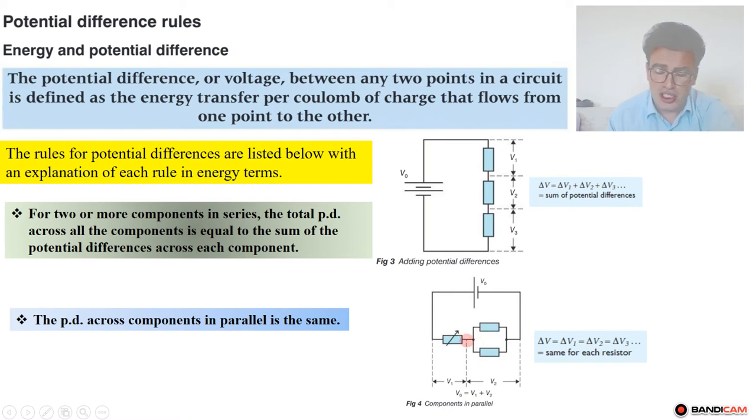The potential difference in the parallel circuit is the same at any component. For example, the potential difference across this resistor is equal to the potential difference across this one, and this one is equal to the potential difference across this one. That's why we say delta V is equal to delta V1 equal to delta V2 equal to delta V3. It means they have the same potential difference for each resistor.